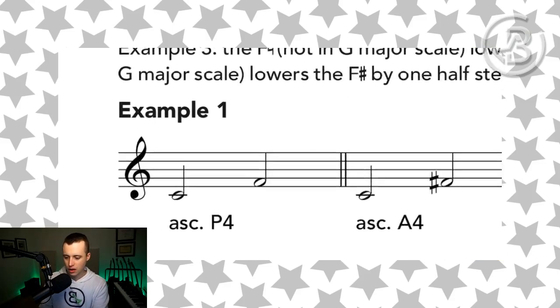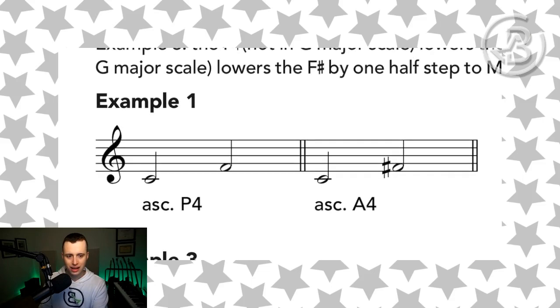So, for example, let's look at example 1 here. We have an ascending perfect fourth, and both notes are from the C major scale. We have C, which is scale degree 1, and F, which is scale degree 4. Now, what if we just changed scale degree 4 and put a sharp on it?